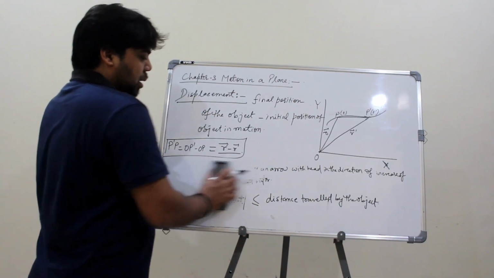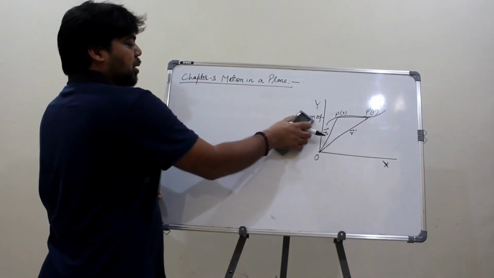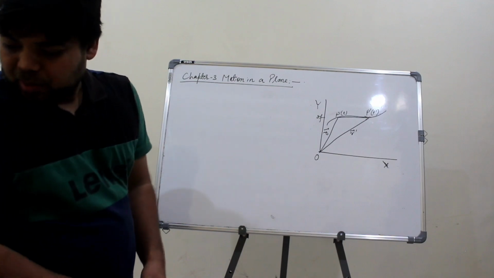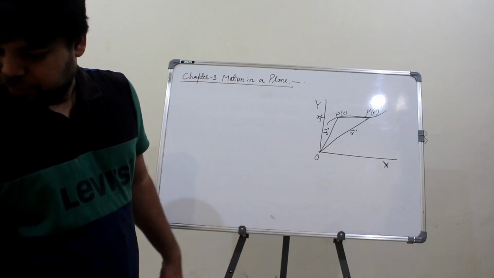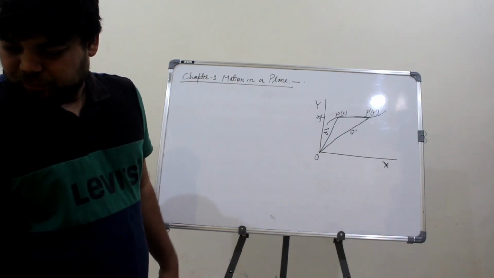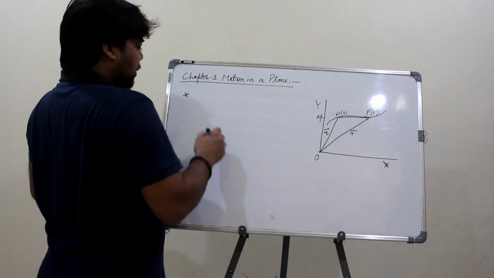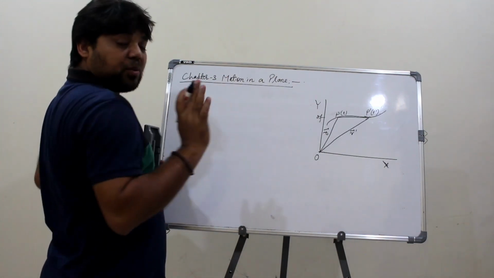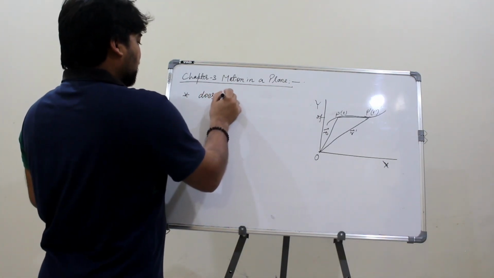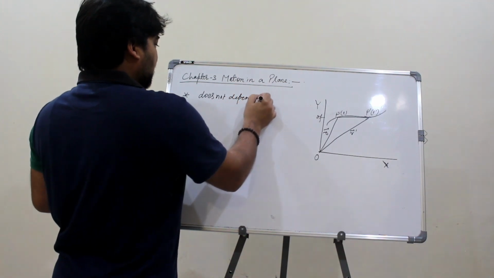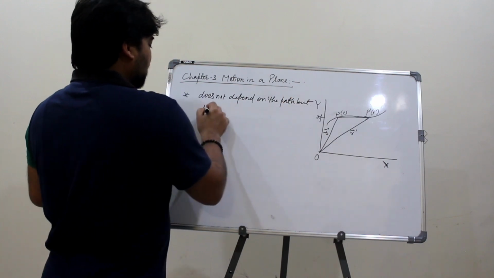Now I will be giving you one example to make you understand it in a better way. One important thing I want to show is that displacement depends only on the final and initial position, and does not depend on the path. It depends only on the initial and final position.